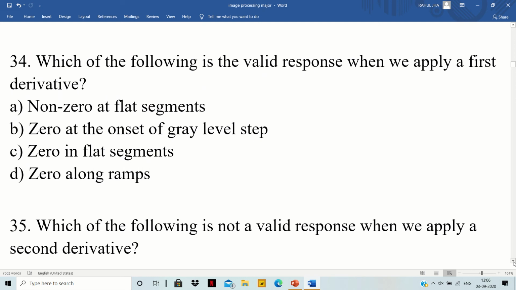When we apply a first derivative, we are performing the differentiation process for the very first time. So the right answer will be 0 in flat segments, when we apply a first derivative for the very first time. Okay, next question.